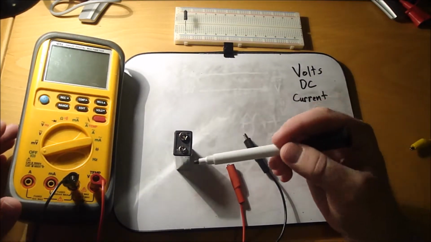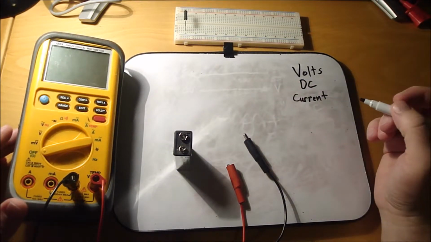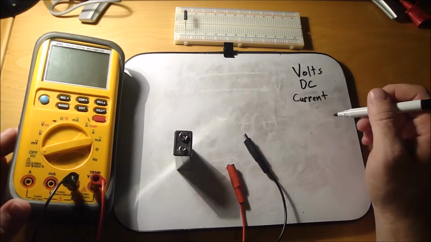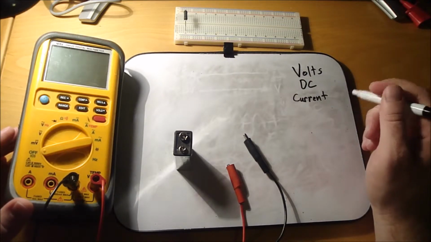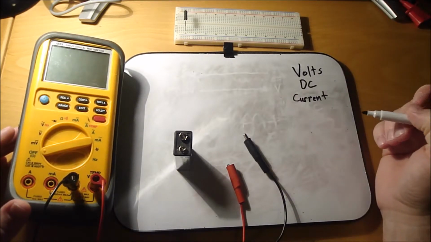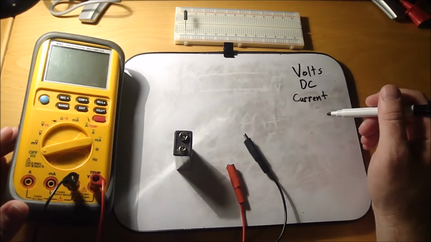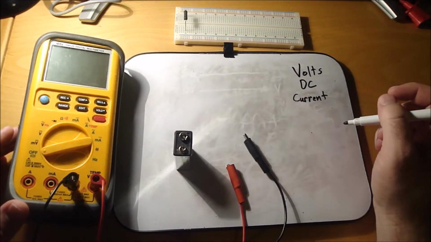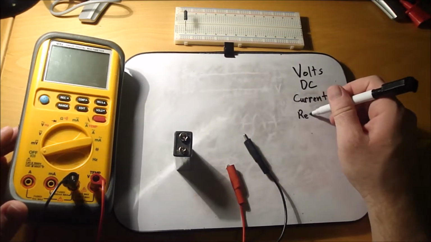So you'd have current going between the positive and negative, which is basically just the flow of electrons between point A and point B. So that's what current is. And if you have anything that slows down the current in that circuit, that would be called resistance.